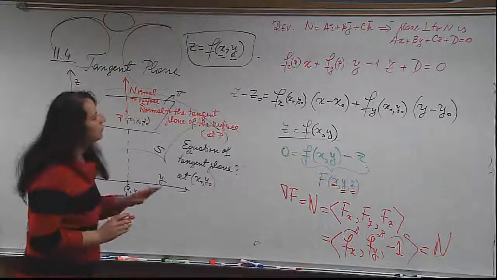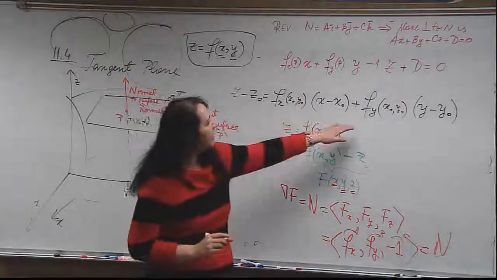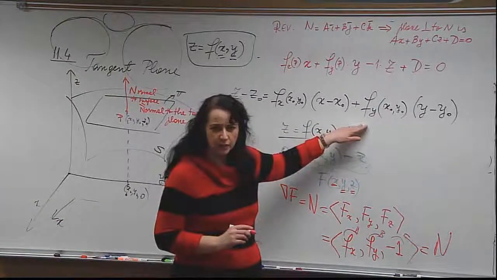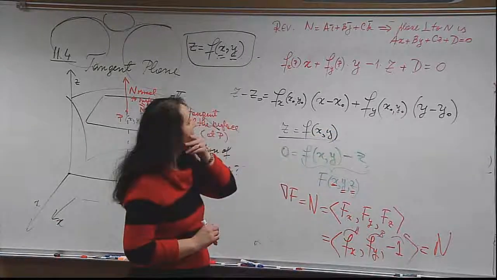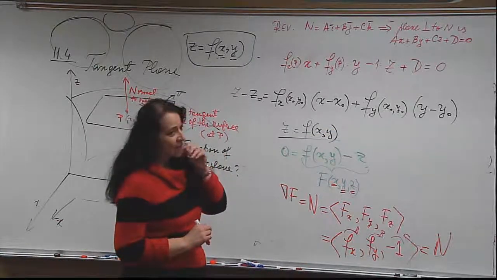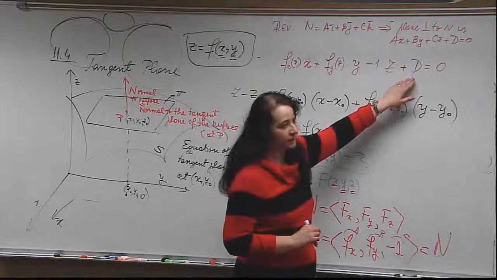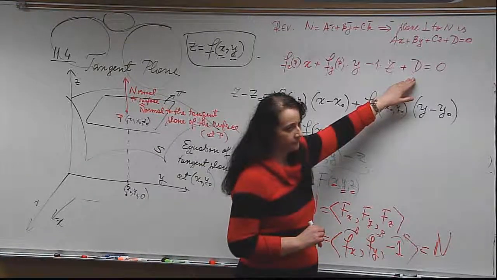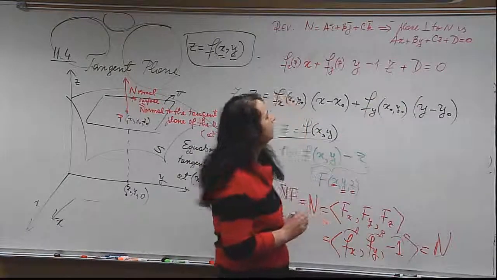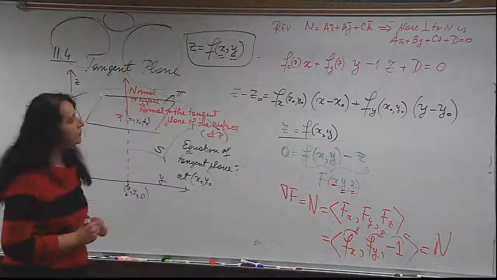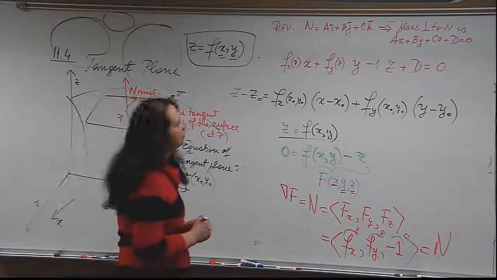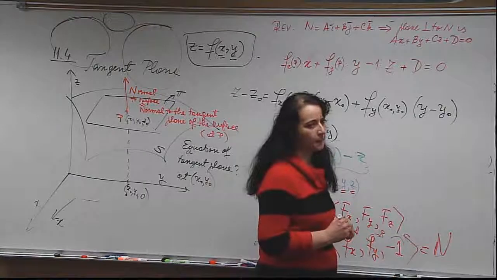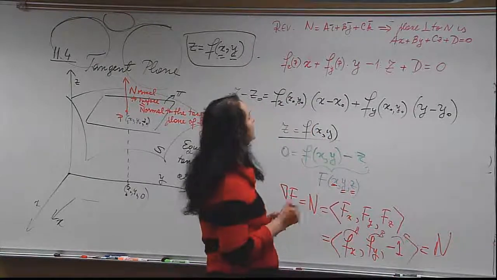And you say, well, wait. This starts looking like that, but it's not the same thing. All right. How do you get to D? Actually, the plane perpendicular to N that passes through a given point can be written much faster.